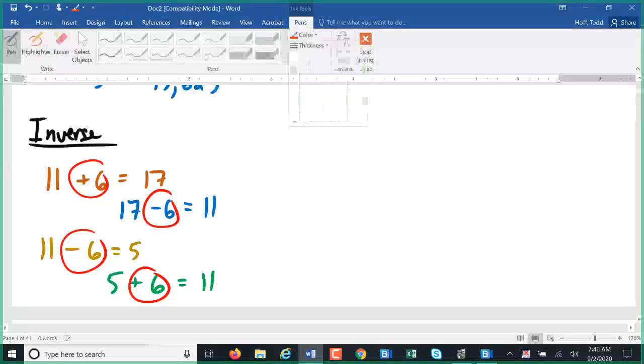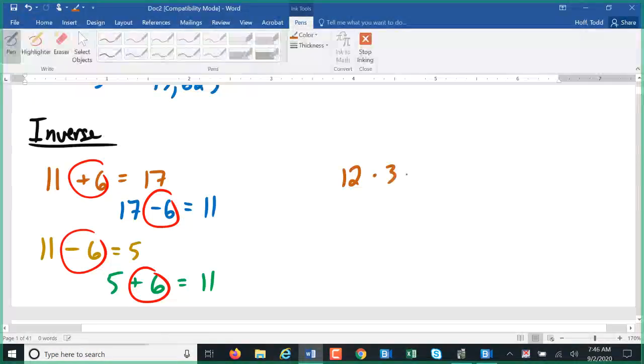Multiplication and division work the same way. If I have 12 times 3, I get 36. If I want to turn that back into a 12, I take my 36, I divide by 3 to get 12. Multiplying by 3 and then dividing by 3 reverse each other.